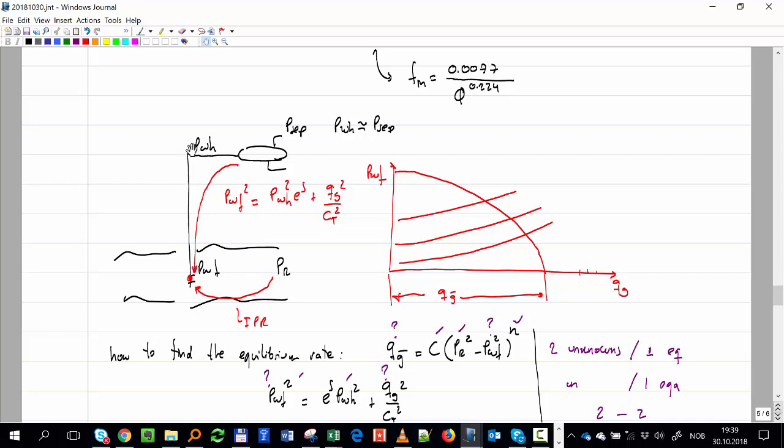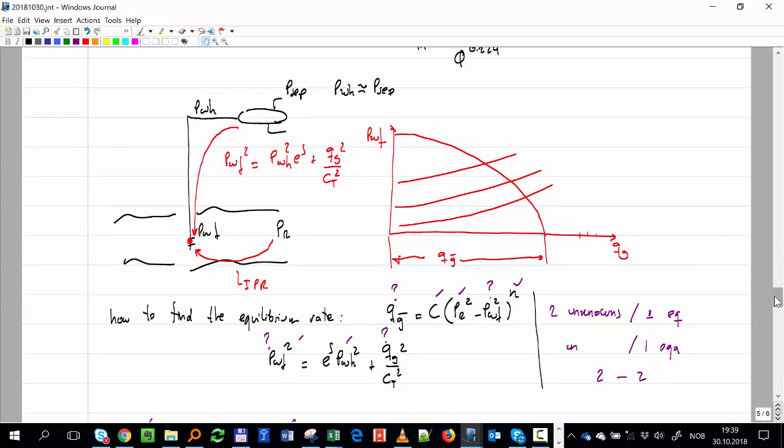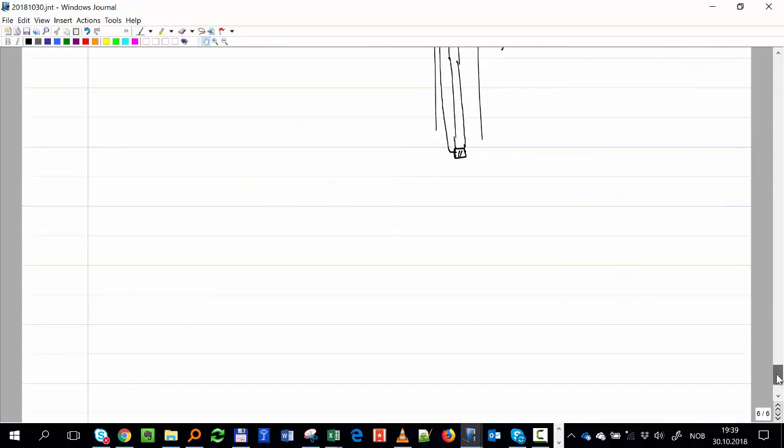We use the wellhead when we want to design a choke, for example. So let's now choose the equilibrium point at the wellhead and repeat the same analysis. What happens if we move the equilibrium point to the wellhead?